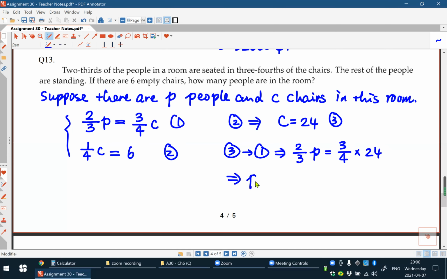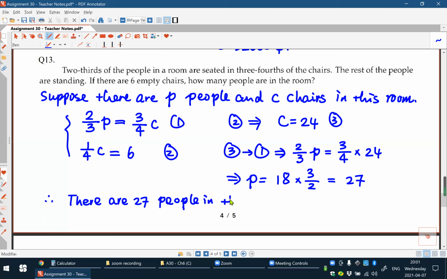So that means P is 18 times 3/2, which is 27, right? So that means there are 27 people in the room. This is our final solution.